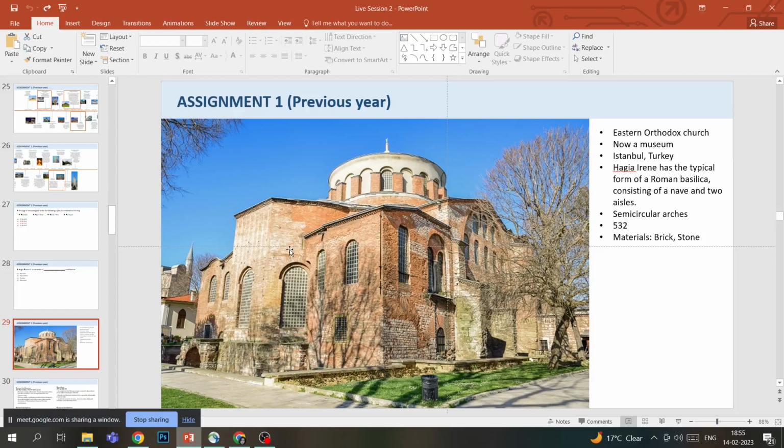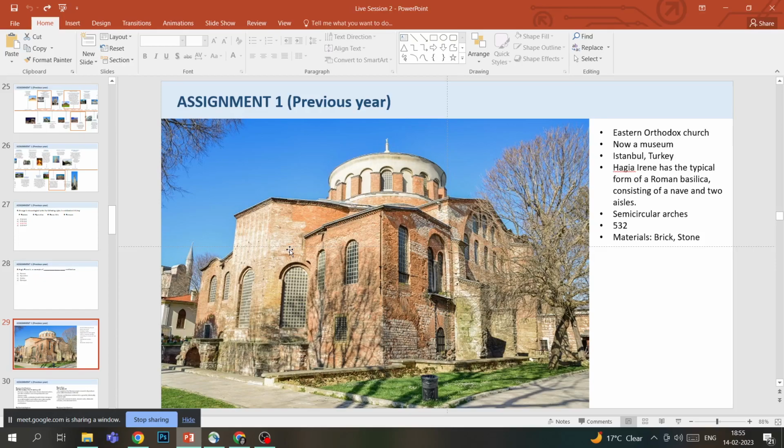If you guys are aware of it, I'm not sure if you are, because I don't know which year you guys are studying in, or if you are from an architecture background. So nave and two aisles. Basically the Roman basilica, I don't have a plan attached. I will probably bring it next time. These churches used to be rectangular and elongated.